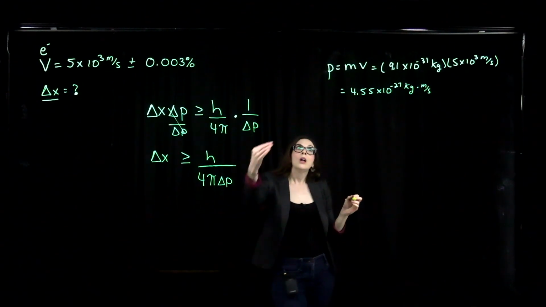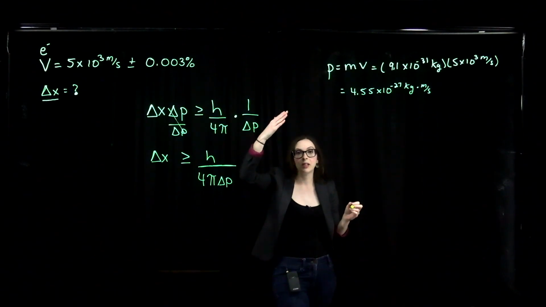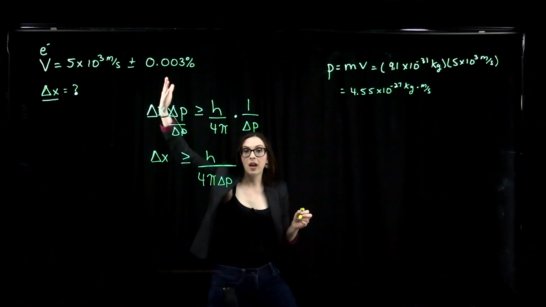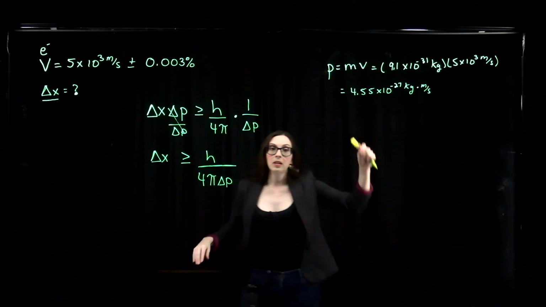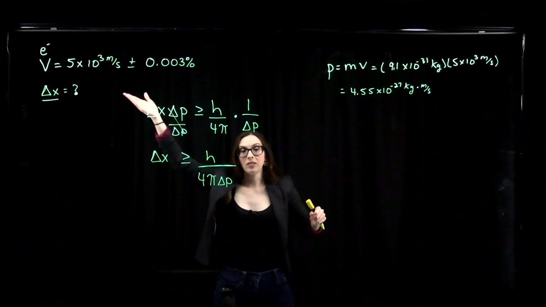Now, the momentum is the mass times the velocity. We know the uncertainty on the velocity. So that's going to tell me that the uncertainty on my momentum is going to be the same as the uncertainty of my velocity.